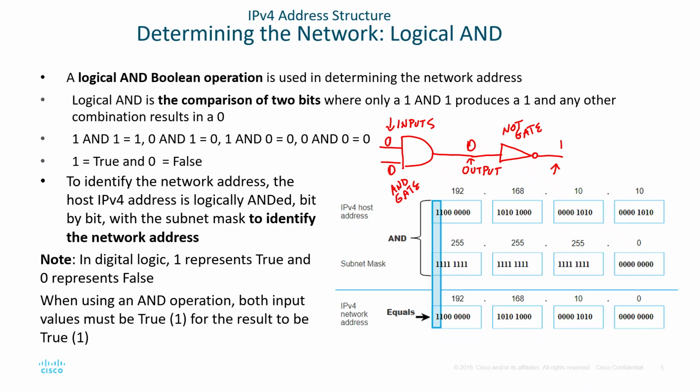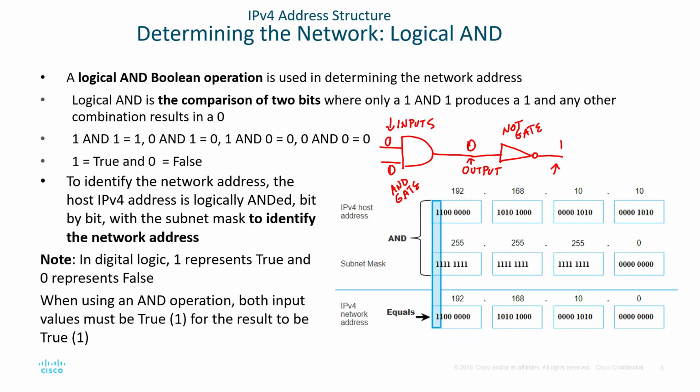Once you have those two converted to their binary states, then you do your ANDing procedure. As you see here, a 1 and a 1 in this first column results in a 1. When you get to the third bit here, a 0 and a 1 is going to be a 0. A 0 and a 1 all the way through is going to be a 0 in that first octet.